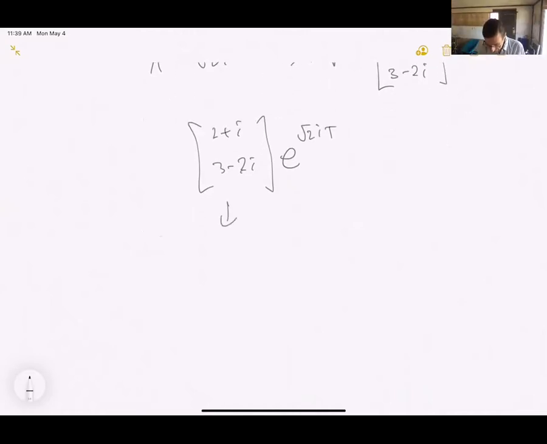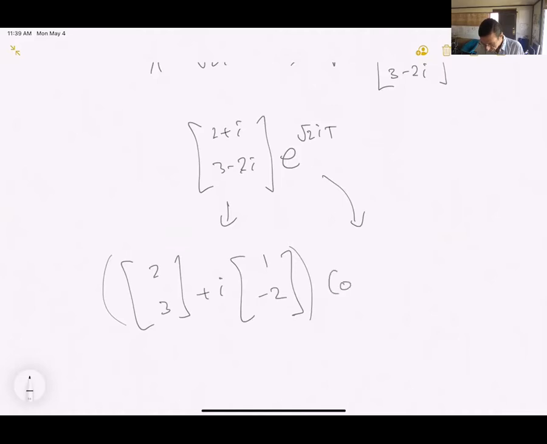So first of all, we can write this as (2, 3) plus i times (1, minus 2), and then we can write that as cosine root 2t plus i times sine root 2t.